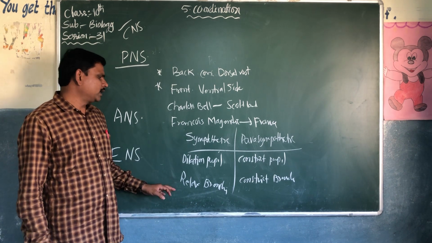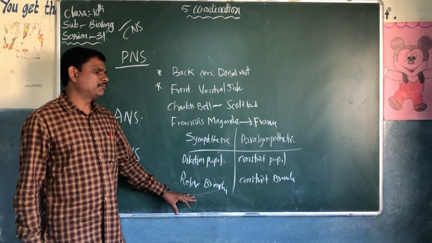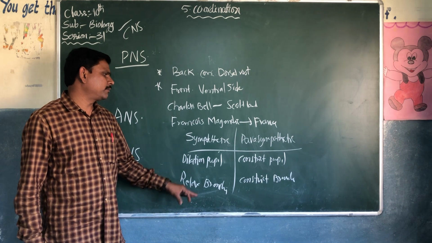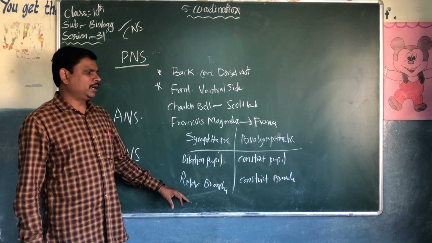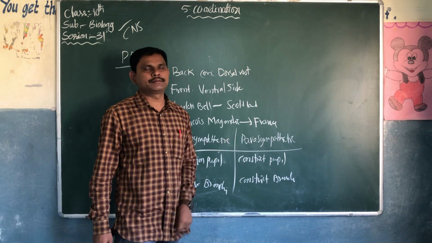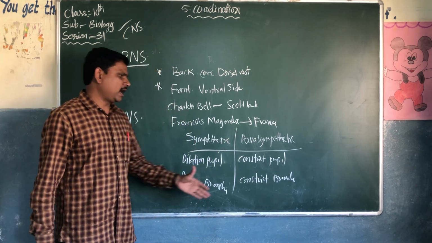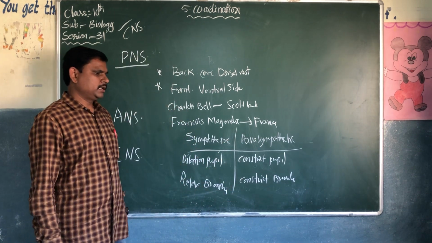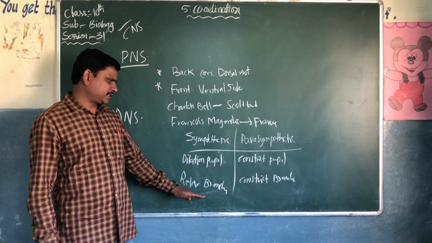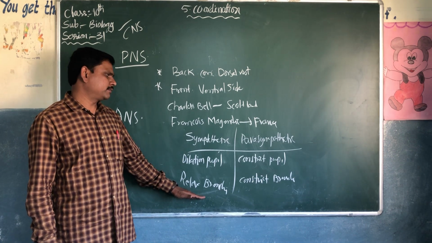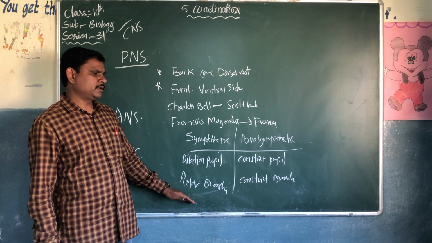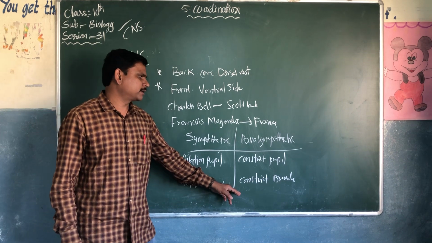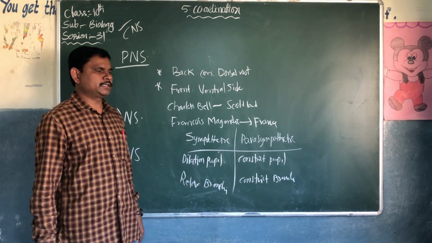Next one is increased blood pressure. Blood pressure increase is controlled by the sympathetic, and decreased blood pressure is parasympathetic. Next one is inhibit pancreas. Inhibiting the pancreas comes under the sympathetic, and stimulating the pancreas comes under the parasympathetic.